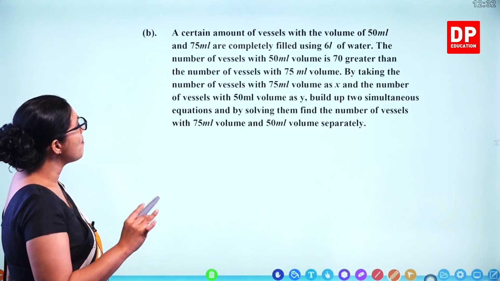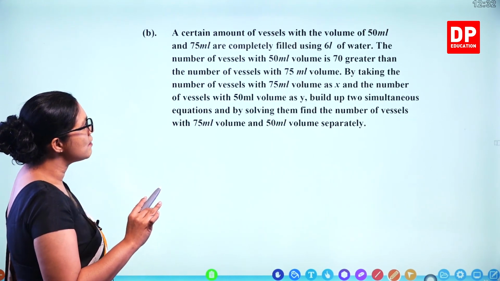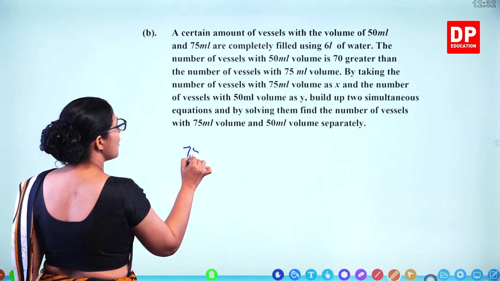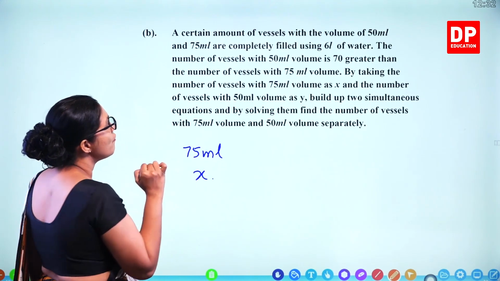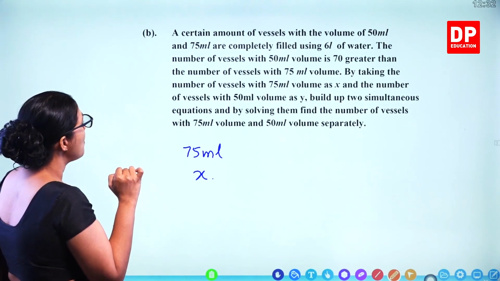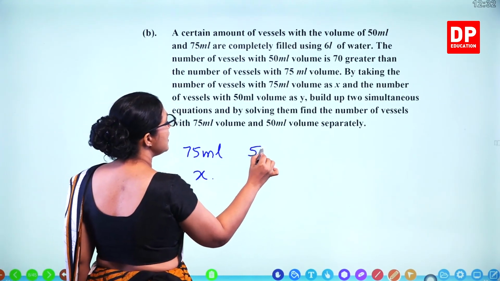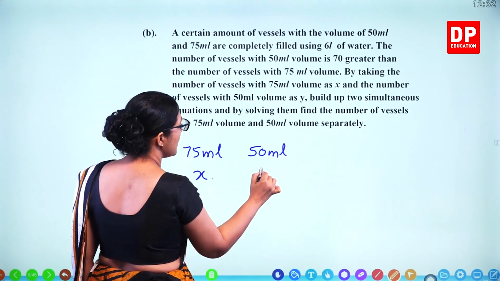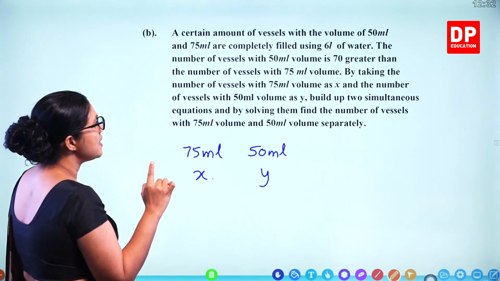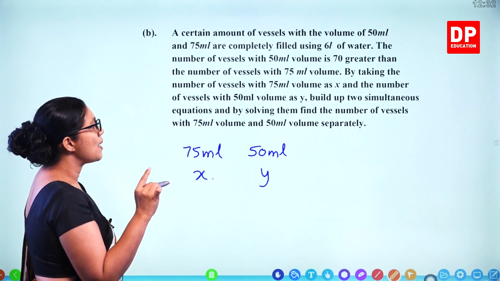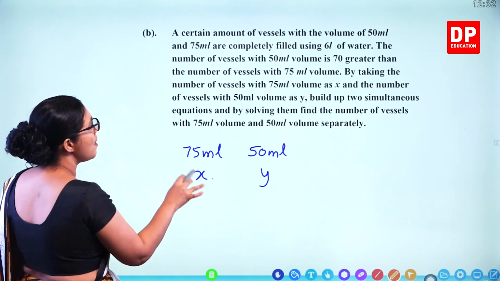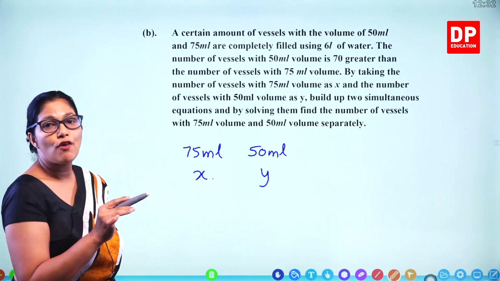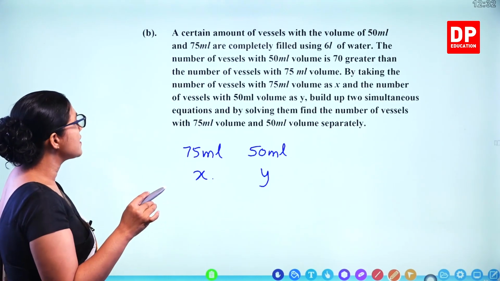By taking the number of vessels with 75 milliliter volume as x, and the number of vessels for 50 milliliter volume as y, build up two simultaneous equations and by solving them, find the number of vessels with 75 milliliter volume and 50 milliliter volume separately. So find x and y.